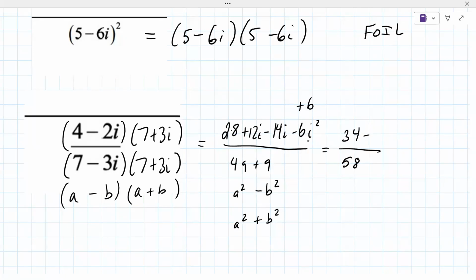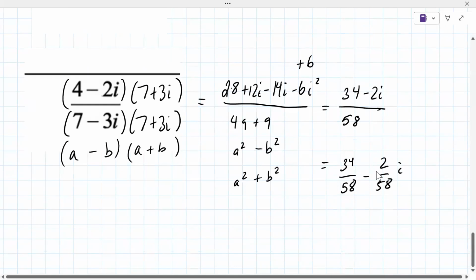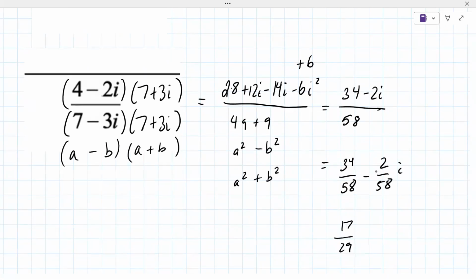So it becomes 34 minus 2i. It's just that you added the two middles instead of subtracting them. And you typically can reduce, it's normal that there's a common factor, so this is 17 over 29 minus 1 over 29i, like that.